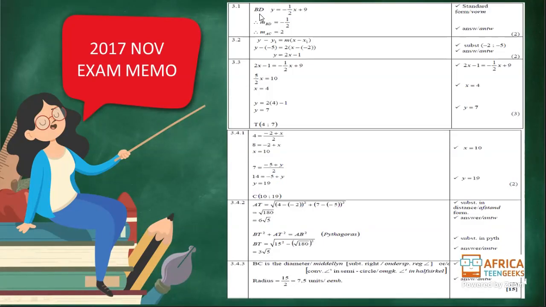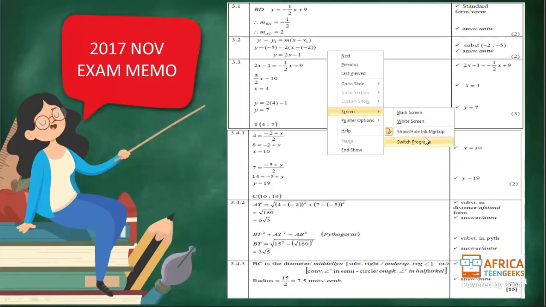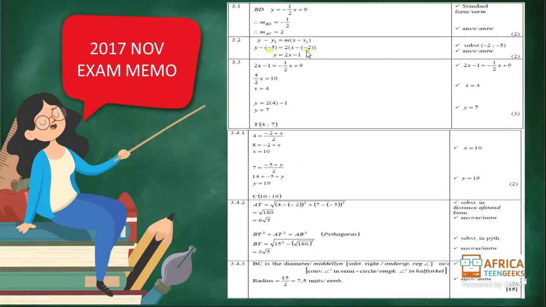So this is a mark knowing to solve your equation in terms of y, and also showing the relationship between the radius. And then remember this, you need to substitute correctly. Substitute your values correctly, your negative values correctly.